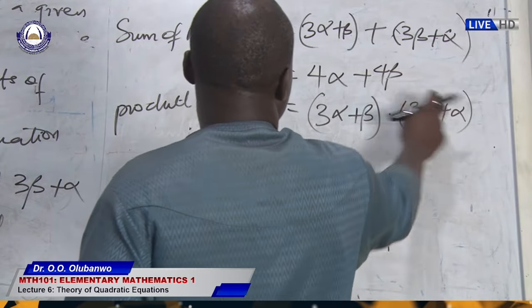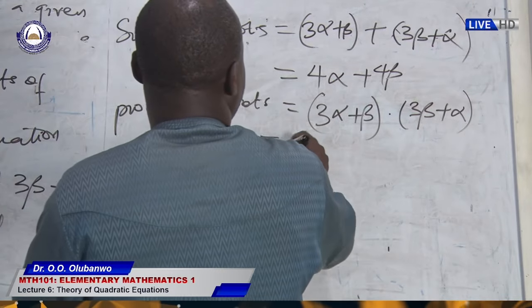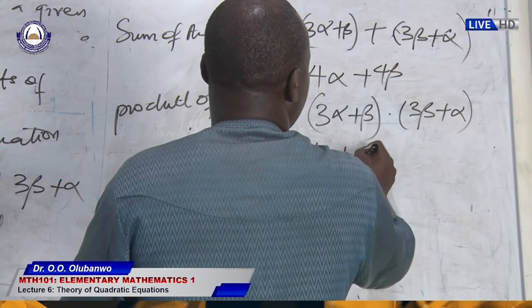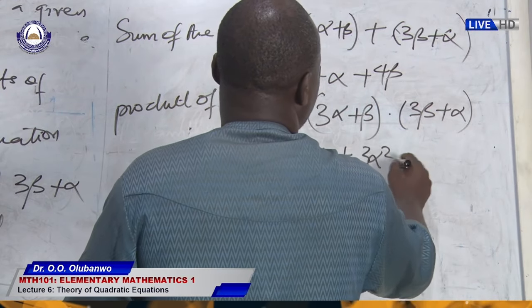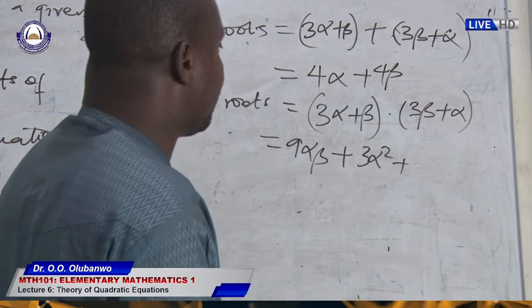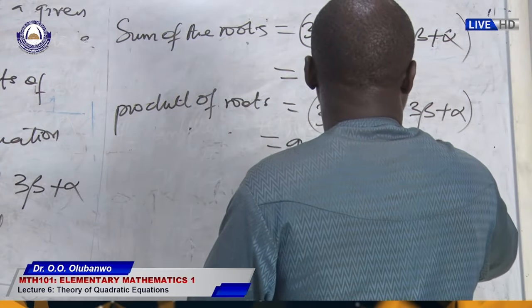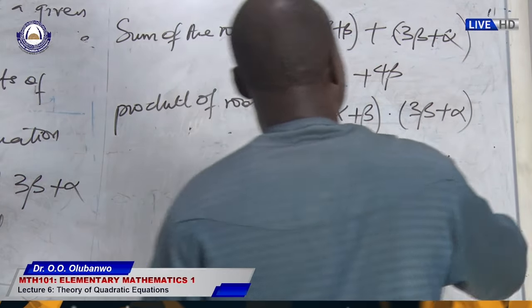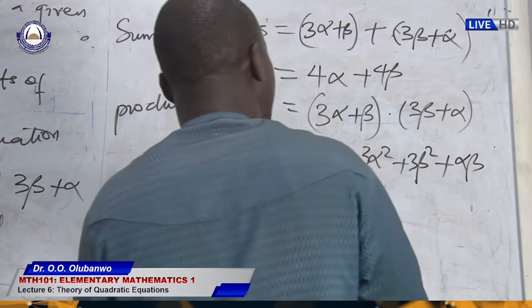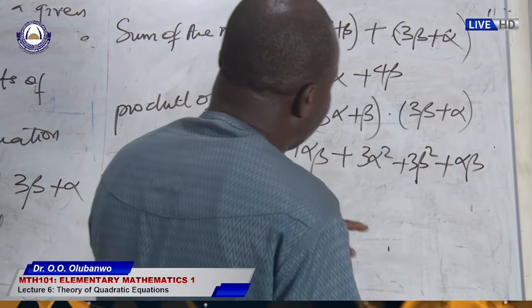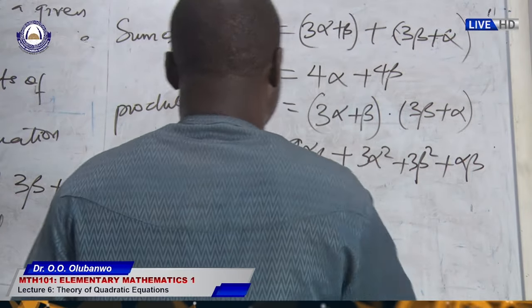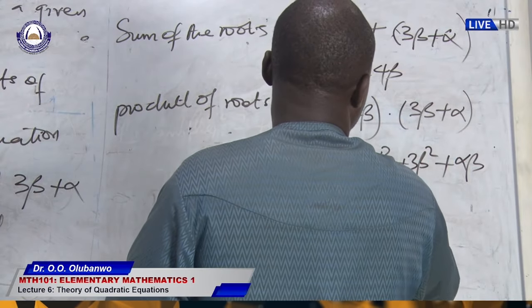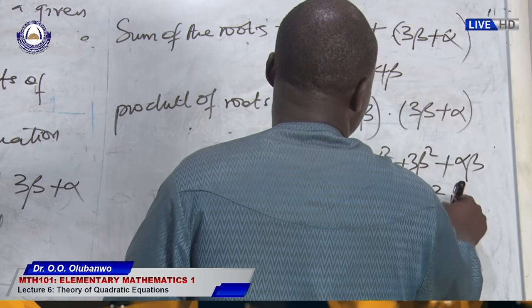So this gives us 3 alpha times 3 beta, that is 9 alpha beta, plus 3 alpha times alpha, that is 3 alpha squared, plus beta times 3 beta, that is 3 beta squared, then plus beta times alpha, we have alpha beta. Now 9 alpha beta plus alpha beta gives us 10 alpha beta, then plus 3 into bracket alpha squared plus beta squared.